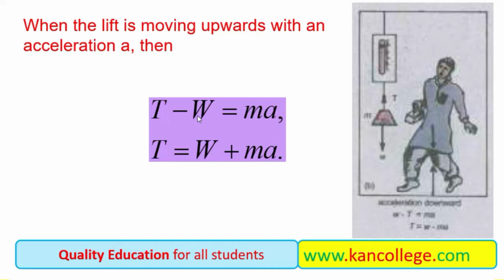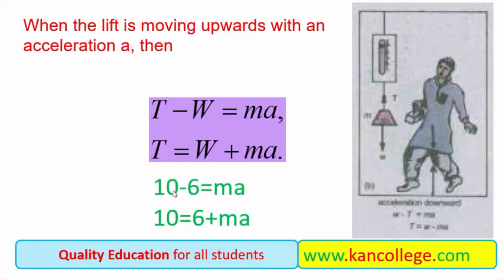So tension will be equal to W. If we take W towards the right, then tension will be equal to weight plus ma, the net force. It means the apparent weight of the body, which was initially equal to tension, is now increased in the string by the value ma.